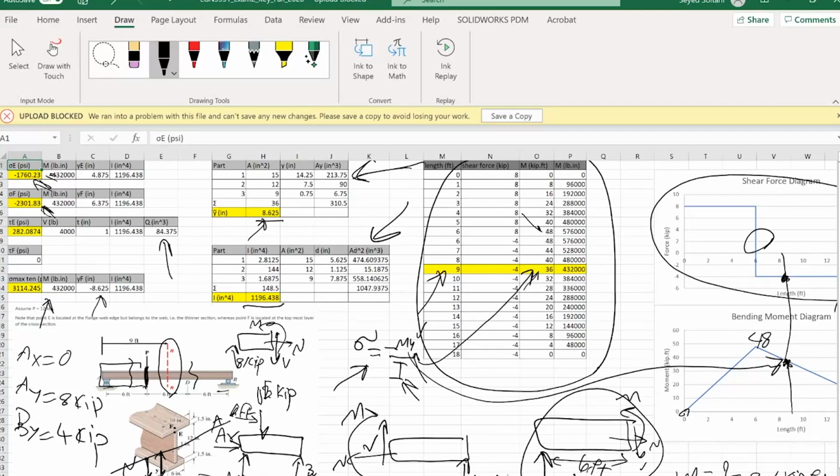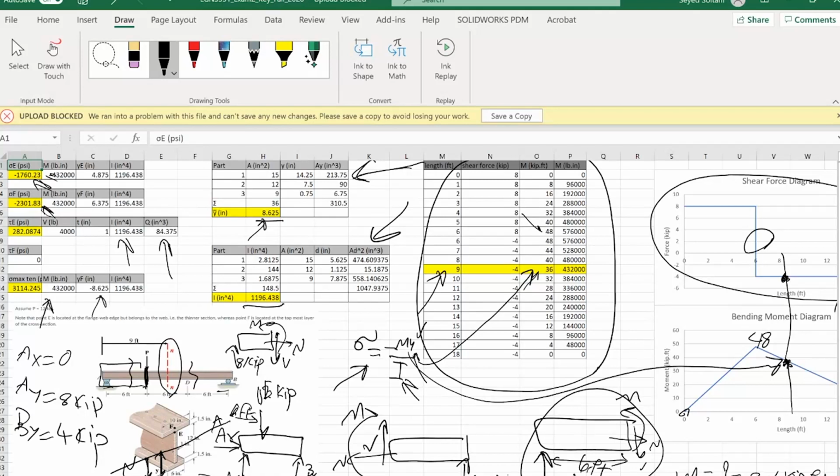Now let's talk about point E. Q is shown over here. I is going to be the same as the I for the cross-section that we use for calculating bending stresses. t is the thickness. Because point E is shared between the flange and the web, we have to determine which thickness we are talking about, the flange thickness or the web thickness. The problem statement specifies that.